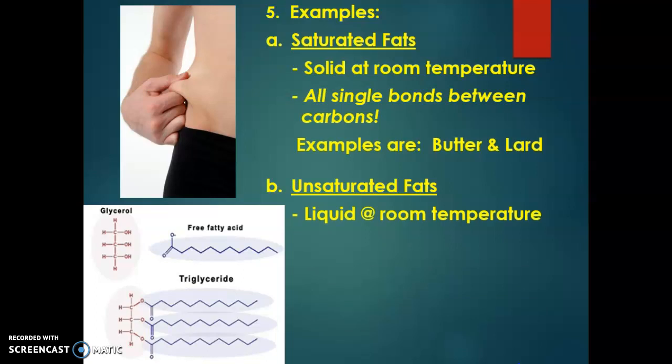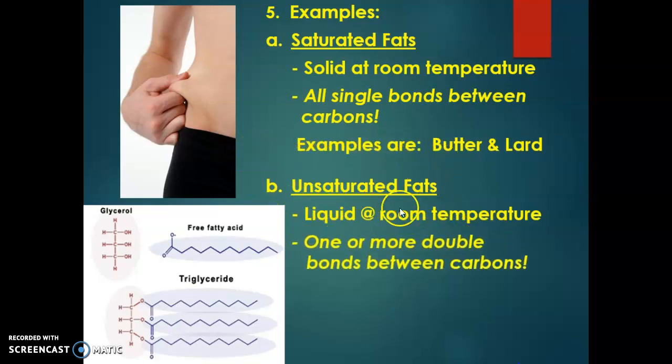Now, unsaturated fats are going to be the opposite. They're going to be liquid at room temperature. And the reason why is that at least one of these 3 fatty acid tails that I'm pointing to is going to have 1 or more double bonds between carbons. So if I put a double bond right here where my laser pointer is, the rest of this chain may bend upwards this way and kink out.